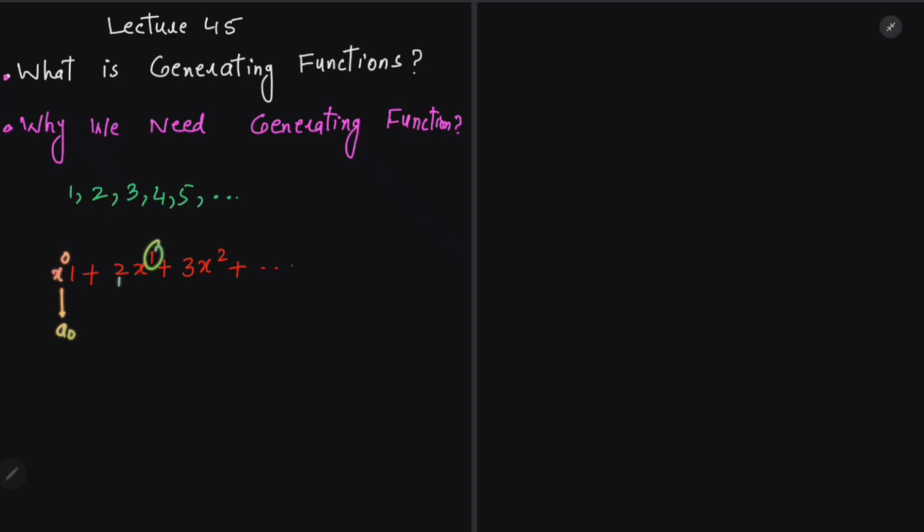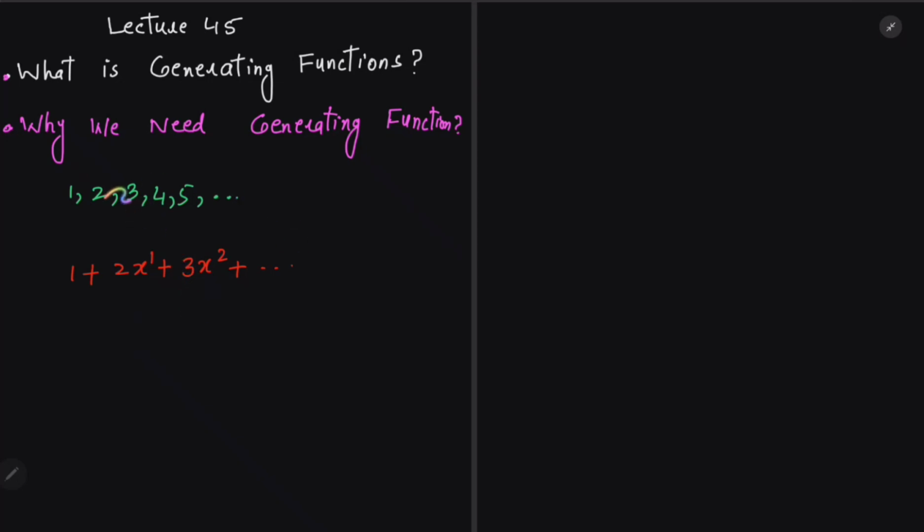This is x^1, so we have a1 over here. This is a2, and so on. So we want to look at the coefficient and its place, at what place this sequence is.